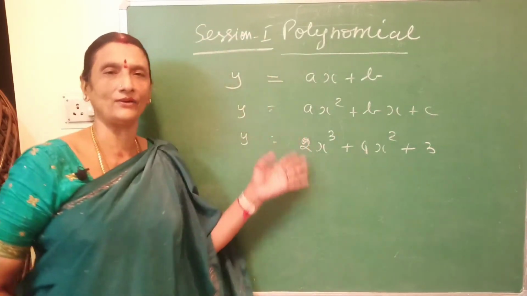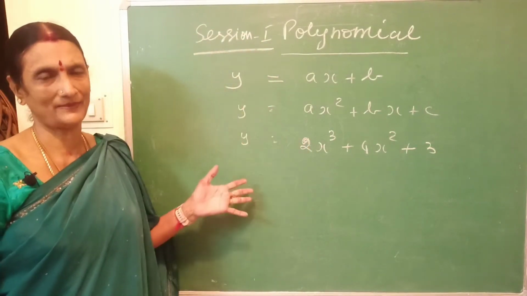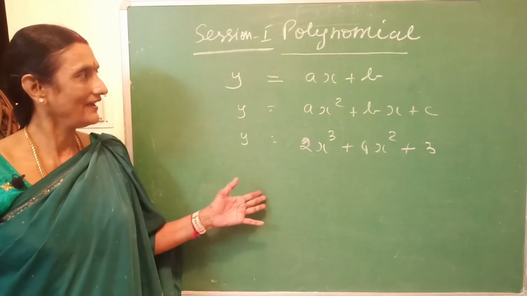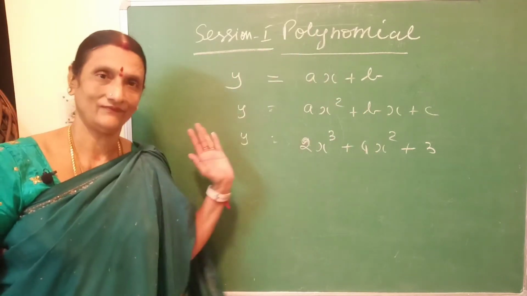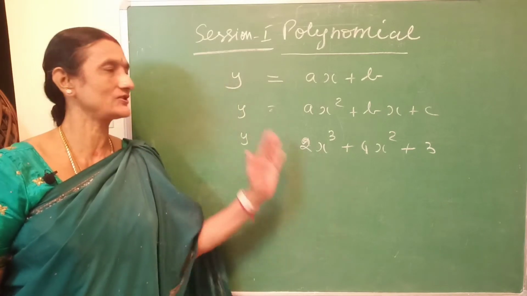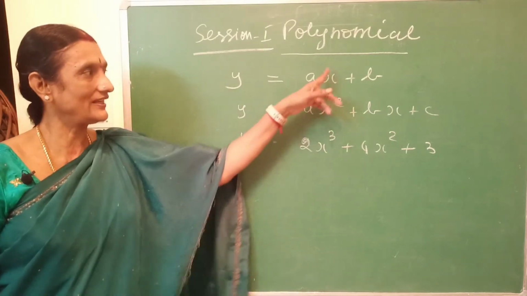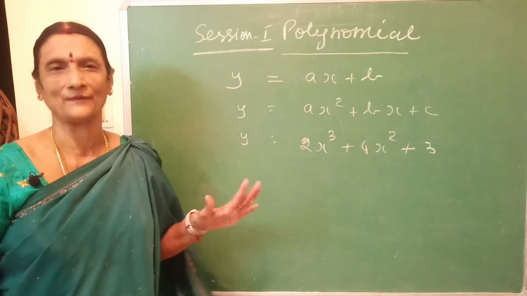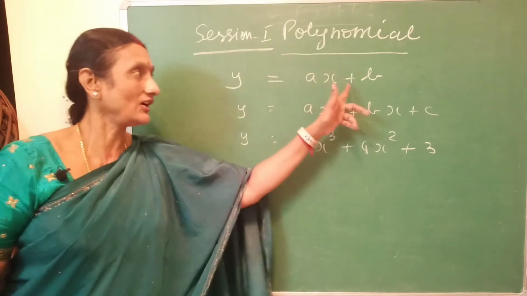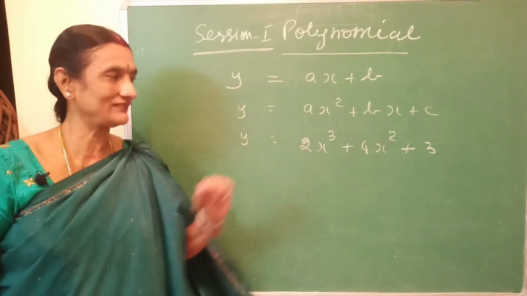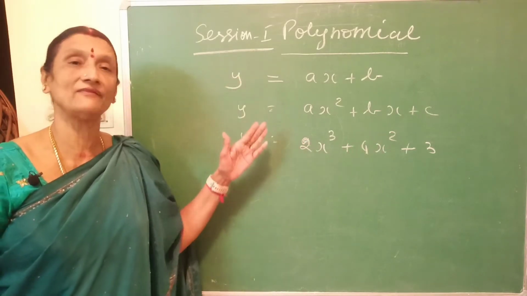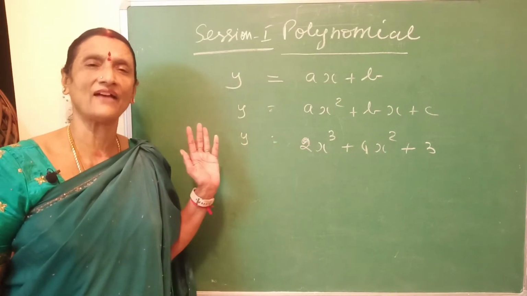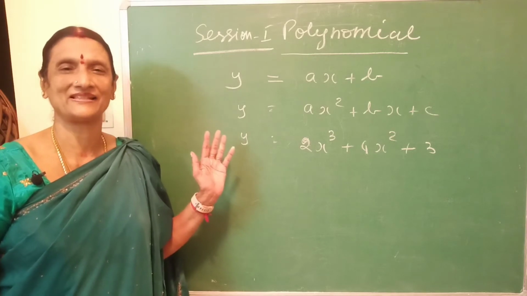These are all examples of polynomials. Are you understanding? You just go through all the examples: y is equal to degree 1, degree 2, degree 3. Now, it has 2 terms, it has 3 terms. The third example which I have mentioned also has 3 terms.